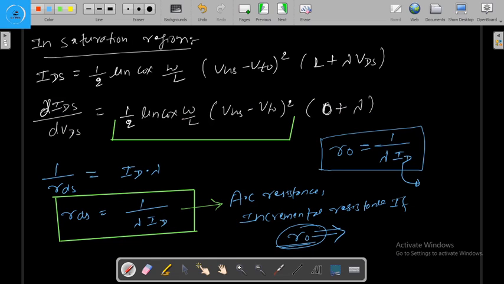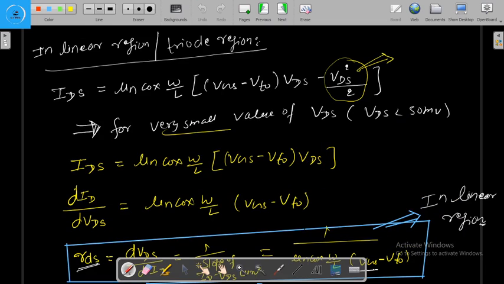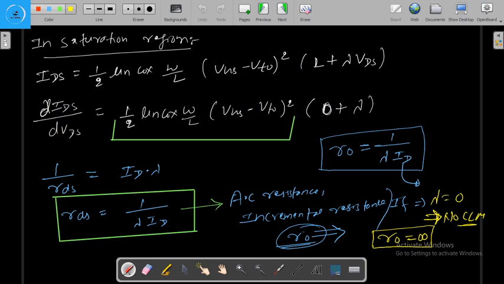Now we can say here, if λ is equal to 0, it means no channel length modulation. For no channel length modulation, this R0 will be infinite, right? Generally this R0 will be high. So we have seen the resistance in the linear region as well as in the saturation region, right?